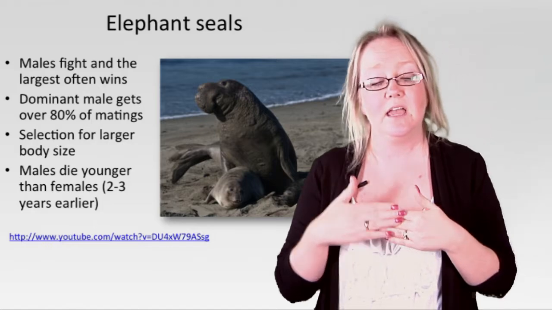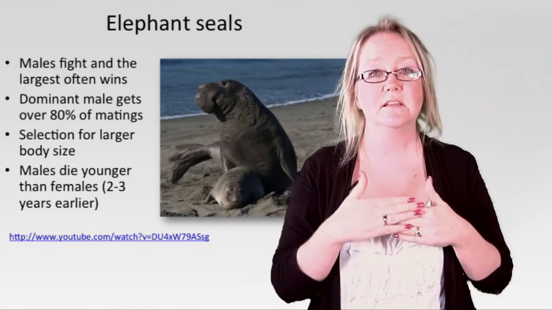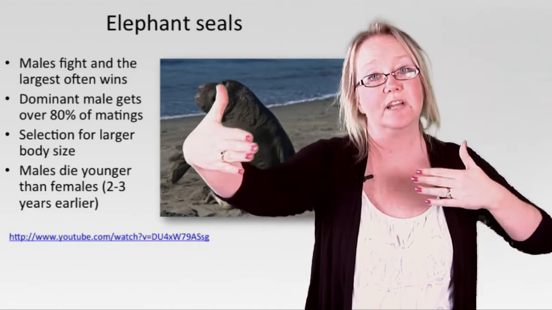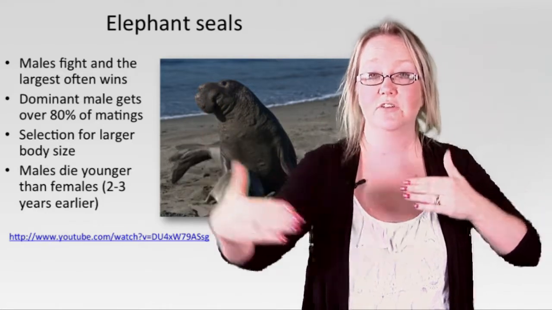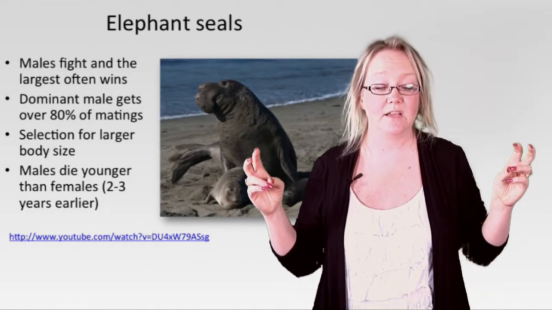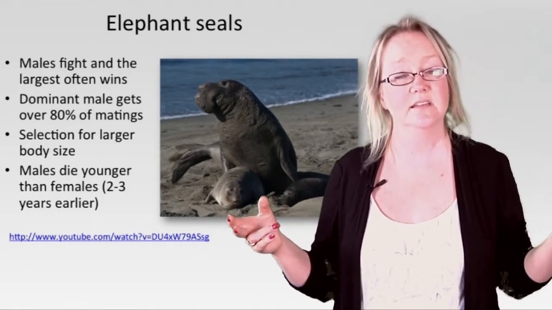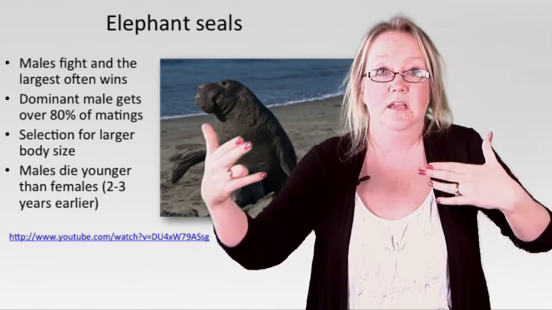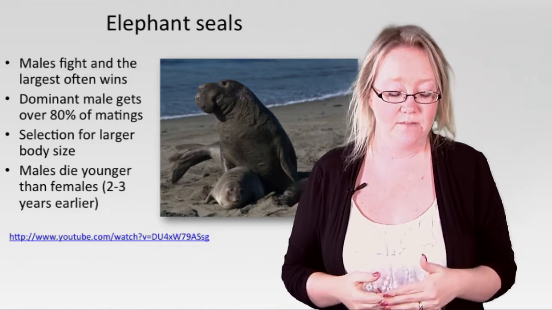And so over time, elephant seal males have been selected for getting larger and larger and larger because those larger genes are getting passed into the next generations multiple times over. So there's a sexual selection for larger and larger body size, because the larger the body size, the more likely you are to succeed in getting your genes into the next generation.